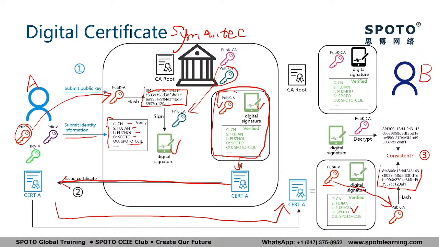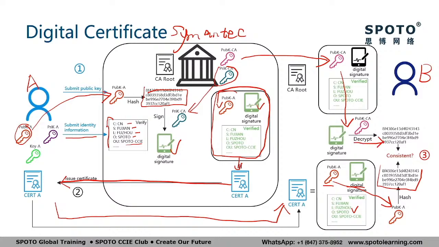User B extracts the public key from the digital certificate and computes the hash value. In the meanwhile, the user retrieves the public key from the CA, Symantec. Use this public key to validate the digital signature in the user's digital certificate and decrypt it with the public key.